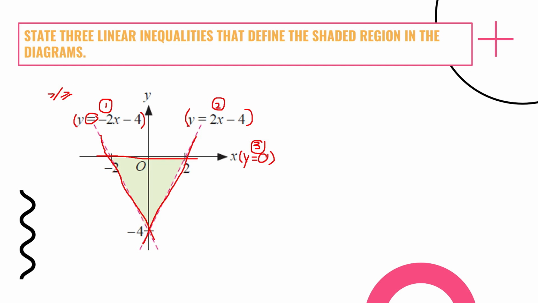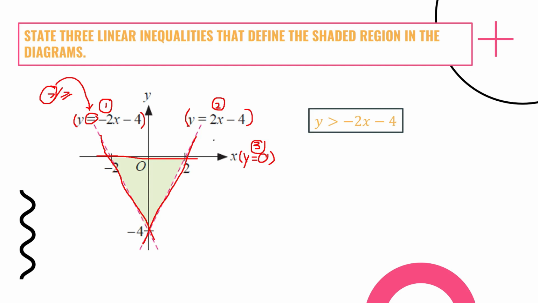To choose, we check the graph to see what kind of line it is. The line is a dash line, so we will use higher than to replace this equal symbol. So the first linear inequality is y higher than negative 2x minus 4.